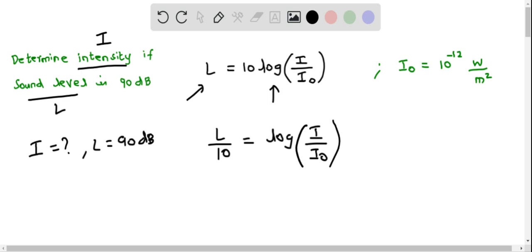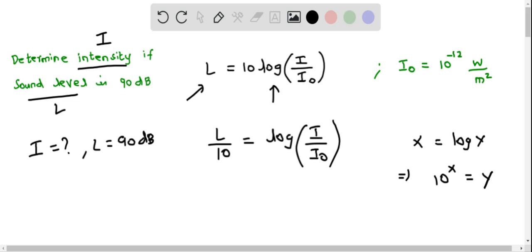Now we can rewrite this expression in terms of its exponential form. So for that, we will refresh the exponential rule. Suppose x equals log y, the equivalent of this expression in exponential form is 10 raised to the power of x equals y. So we are going to use this rule.